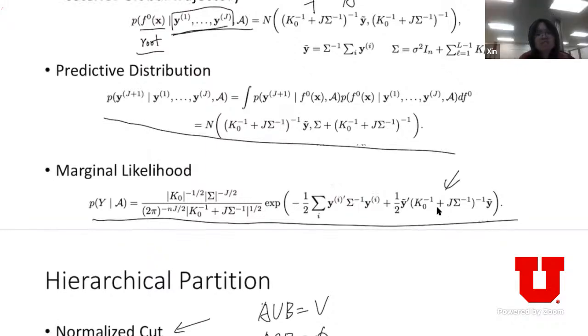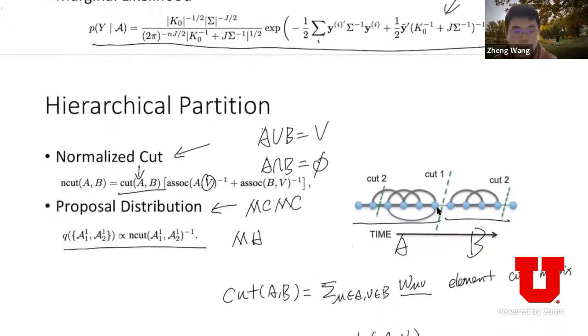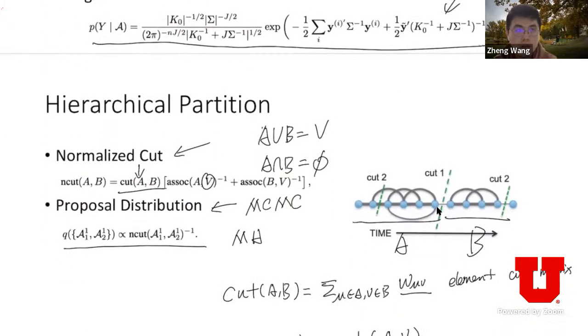I see. So here they just give a way to formulate how the distribution of the partition would be imposed. Here we want to draw posterior samples of the partition.